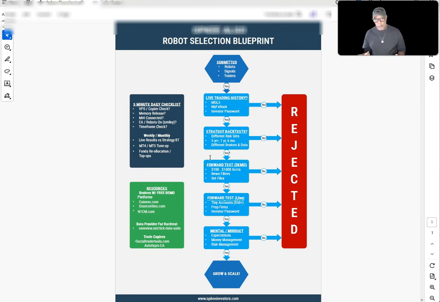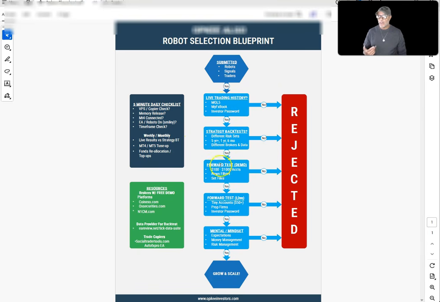If the developer says to start with $200 or $100, we'll do it. Or even if the back test gives me permission to do that as well. So we already know that we want to look for live trading history that other people are doing.